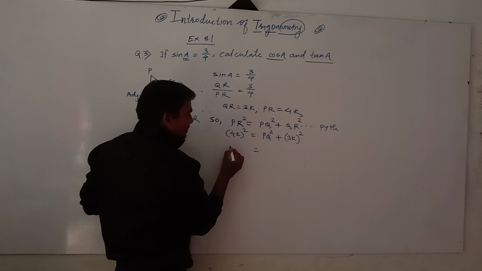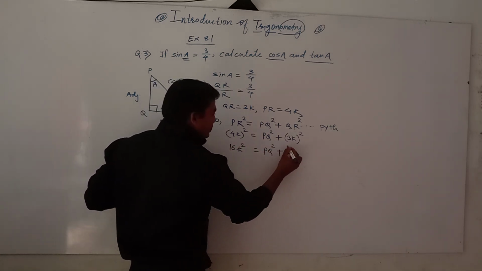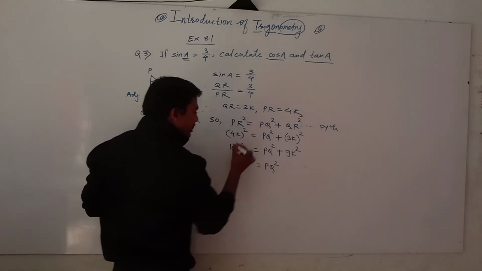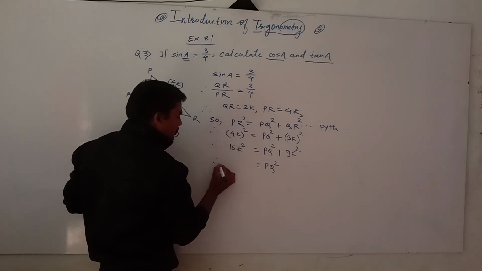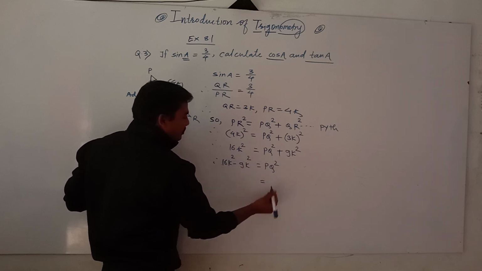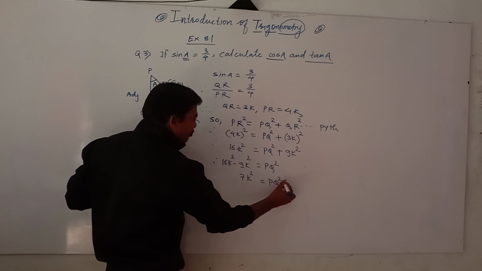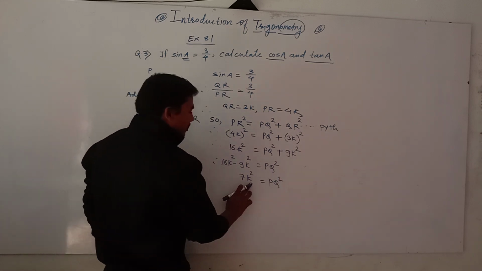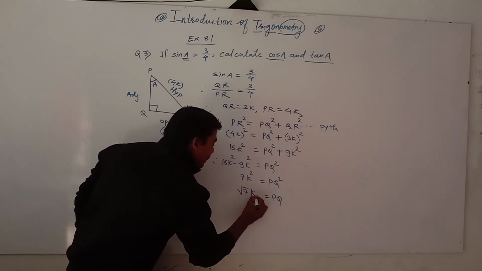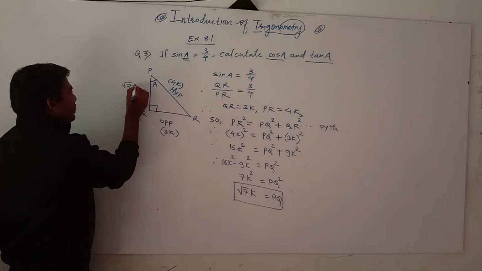Now 16k square equals PQ square plus 9k square. I want PQ, so one side goes to the other side: 16k square minus 9k square becomes 7k square, equal to PQ square. Now I want only PQ, so it becomes under root 7k. The value of PQ is under root 7k.